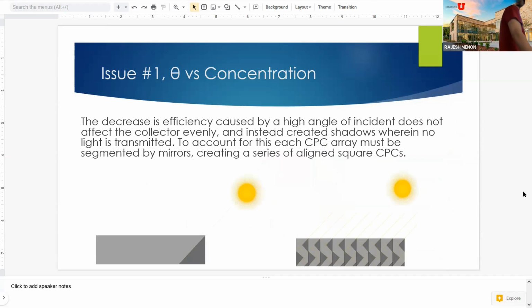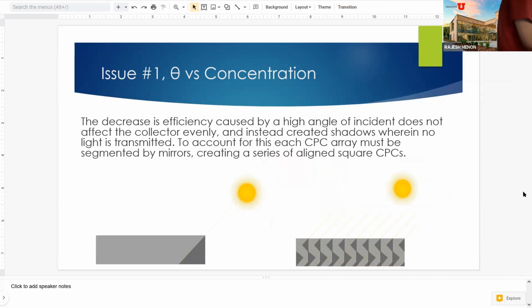Okay, there's another concern, which is that if you take this extruded CPC, and this is a diagram of the input aperture and the fact that it decreases with the cosine over time, or as the sun rises and sets. It can create shadows in the CPC if we don't include mirrors segmenting them into discrete segments.